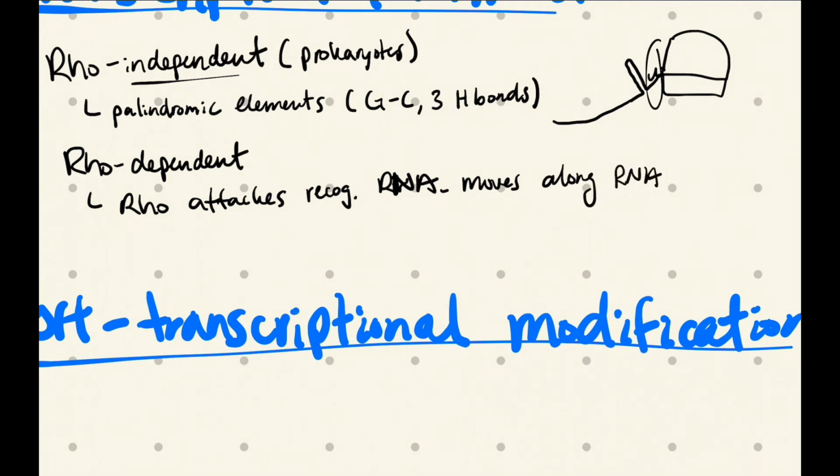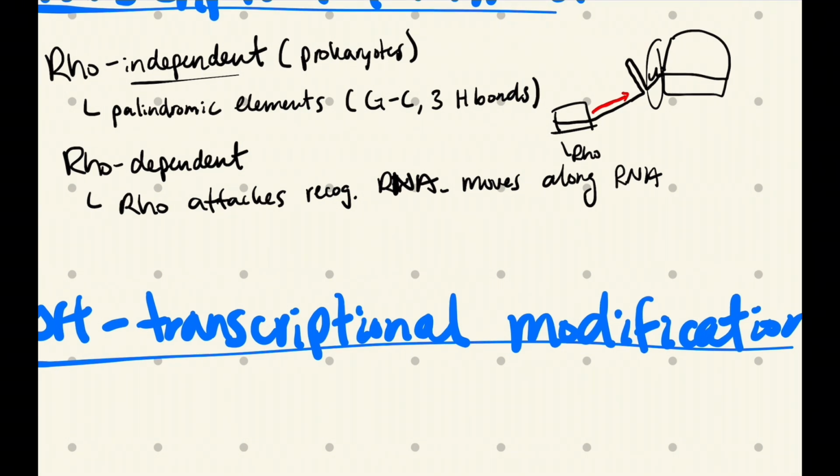So if we just use the previous analogy here, you're going to have this big Rho protein here, and it's going to kind of chug along, and then once it reaches that hairpin sequence again, it's actually going to use that helicase activity to just separate the RNA and RNA polymerase from the DNA.